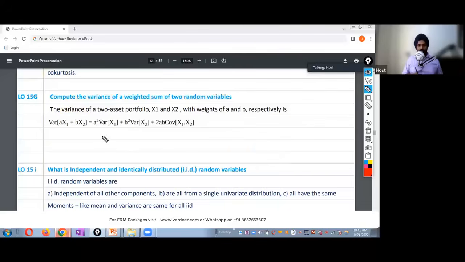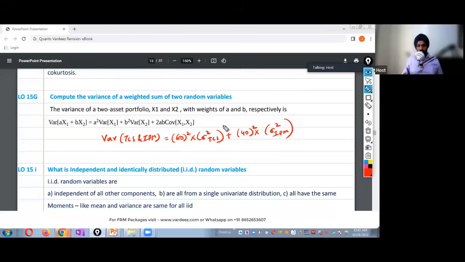Okay, what is it? The variance of TCS and IBM is going to be the weight in TCS, that was 60%, squared, multiplied by the variance of TCS, plus the weight of IBM, which was 40%, squared, multiplied by the variance of IBM.